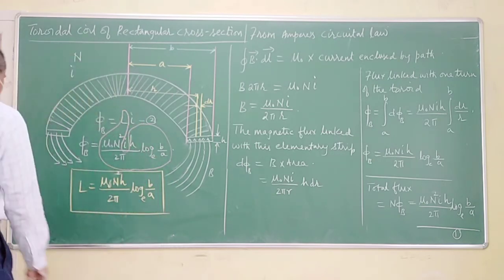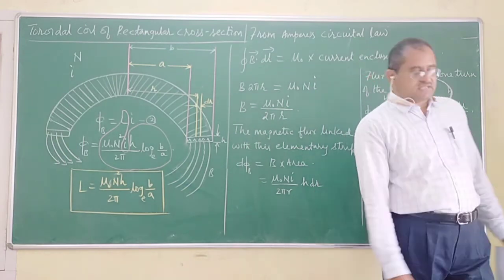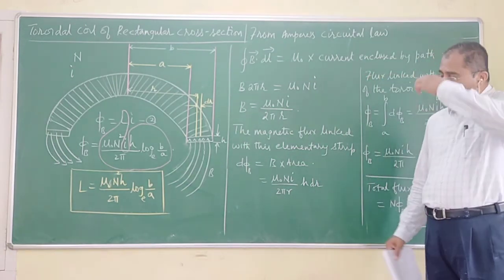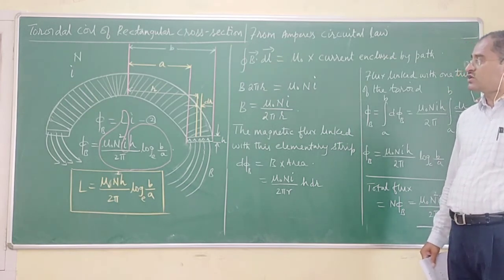That is the expression for coefficient of self-inductance of a toroid having rectangular cross section.